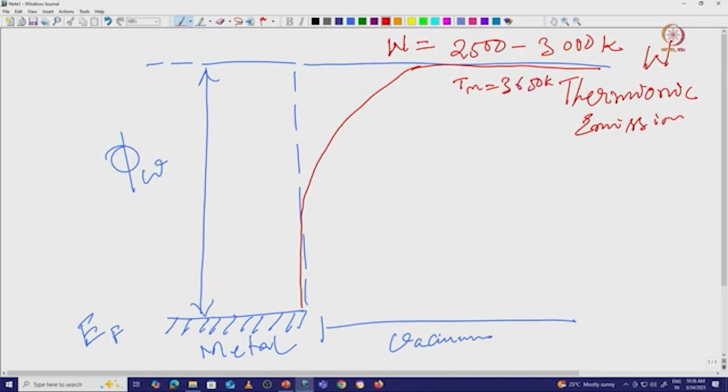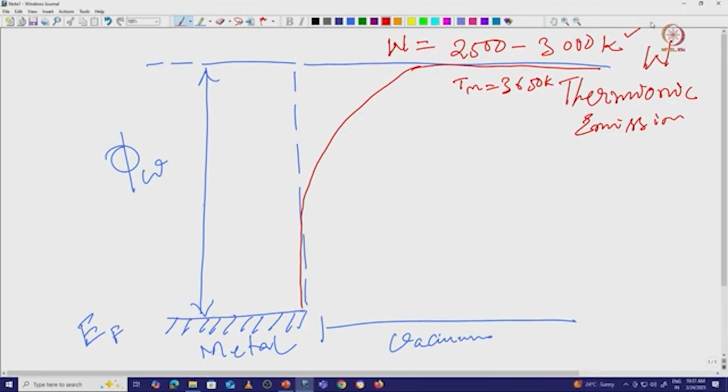One point we should all remember is that we are using a huge amount of heat energy to extract a sufficient amount of electrons, and that is what gives us the brightness. The melting point of tungsten is 3650 Kelvin, very close to 3000 Kelvin. So if you use 3000 Kelvin of heat, the filament will be near its melting point and will degrade very fast.